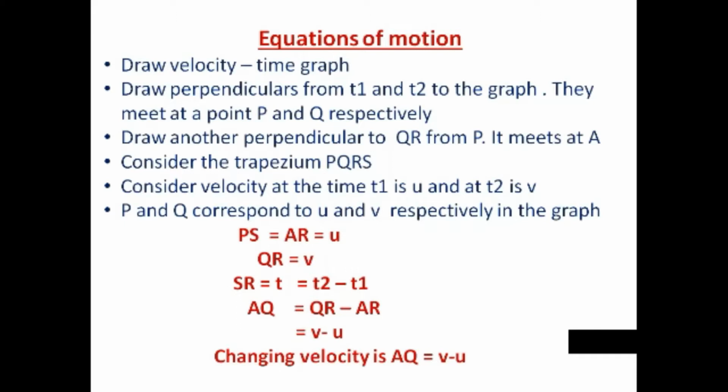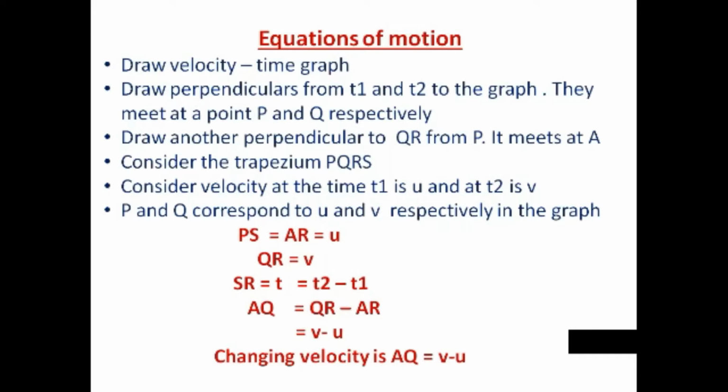First of all, draw a velocity time graph. A velocity time graph showing the relation between the time and velocity of a moving body. And we are drawing this velocity time graph using some values. In the x-axis, we have taken the time as 1, 2, 3, 4 seconds.